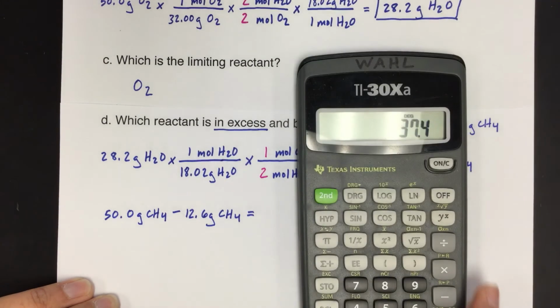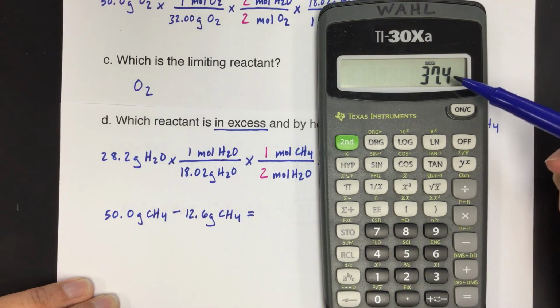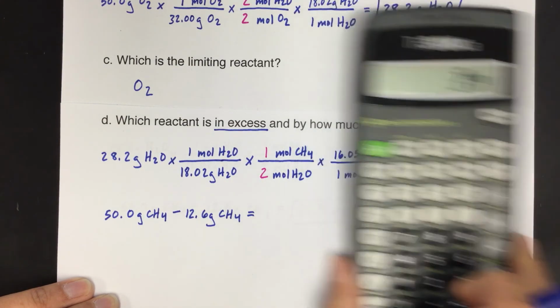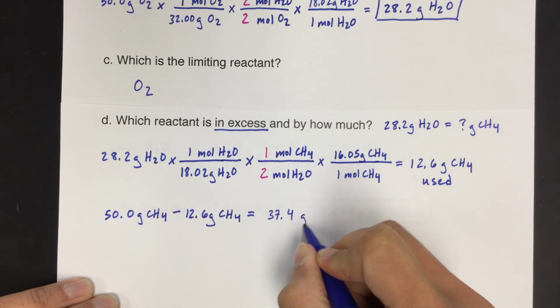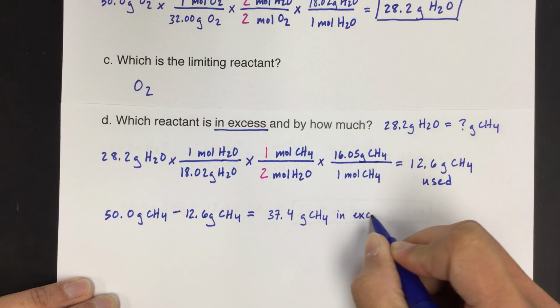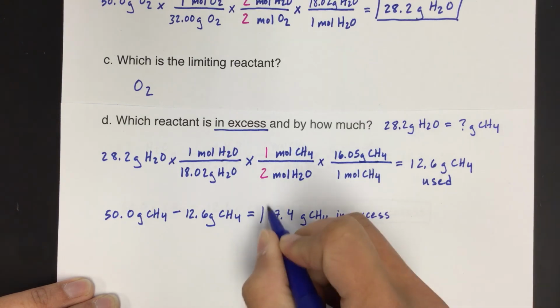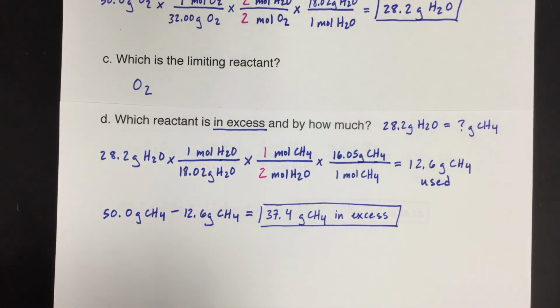Remember, your sig fig rules for subtraction say that since this is to the 10th place and this is to the 10th place, our answer should be to the 10th place. So it's going to be 37.4 grams methane in excess. And that is our final answer for this problem.